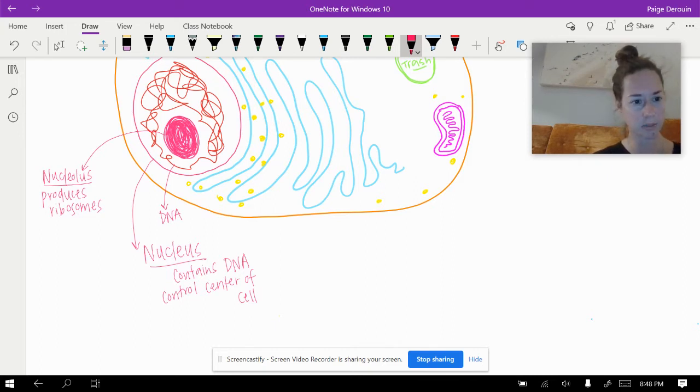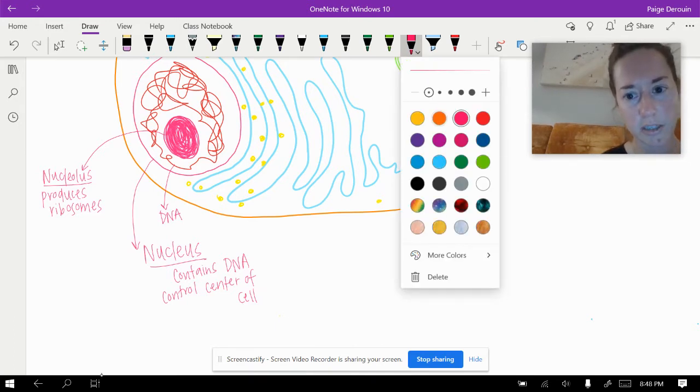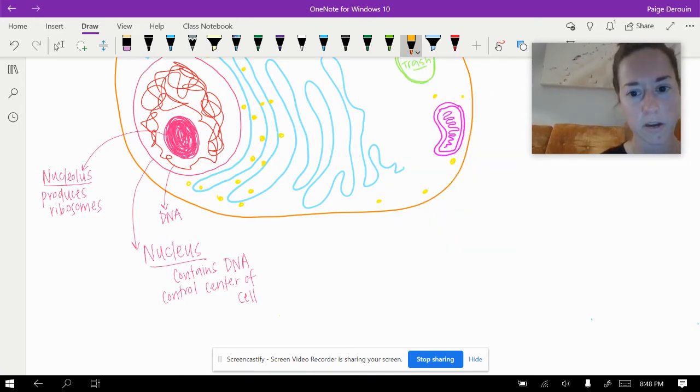Since I just talked about ribosomes, I'm going to go to ribosomes next. These yellow dots over here are called ribosomes. Every cell contains ribosomes. They can either be free floating or attached to another organelle that I'm going to talk about next. Their job is to produce proteins.